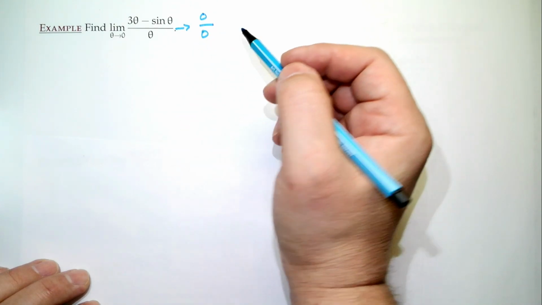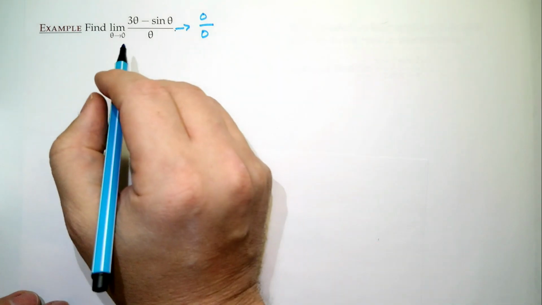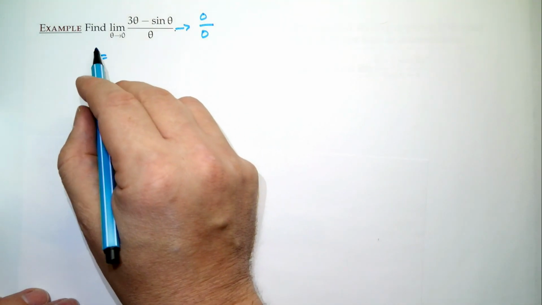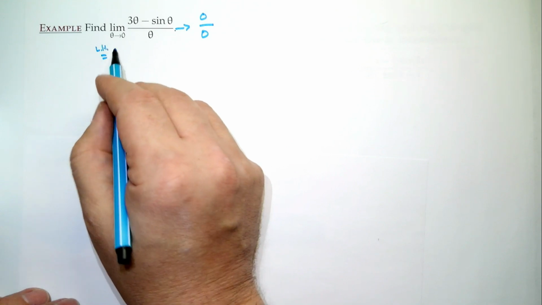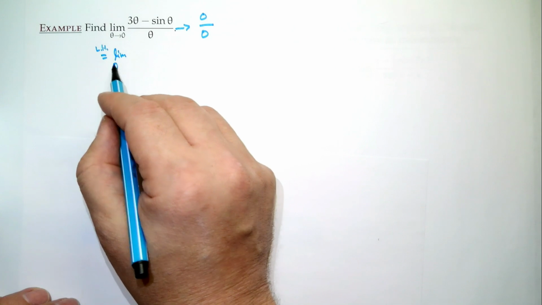So it goes to 0 over 0. That's good. Are these functions differentiable? Yeah, so they're nice. So that means we've satisfied most of the requirements of L'Hopital. So we're going to apply L'Hopital, mon ami, and I'm going to mark an LH just so I know that I'm applying L'Hopital.